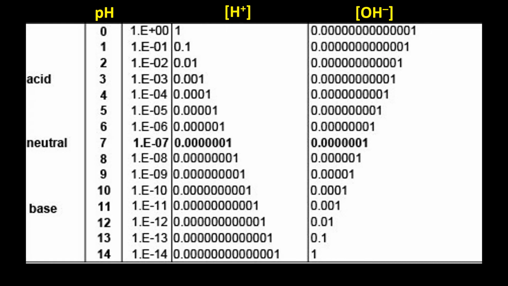But if you were to multiply each of these lines together, so the 1 and then the really small number for hydroxide, you would get 1.0 times 10 to the negative 14th. And that's going to hold true for every line as you go down. You're always going to get this same number, 1.0 times 10 to the minus 14th.